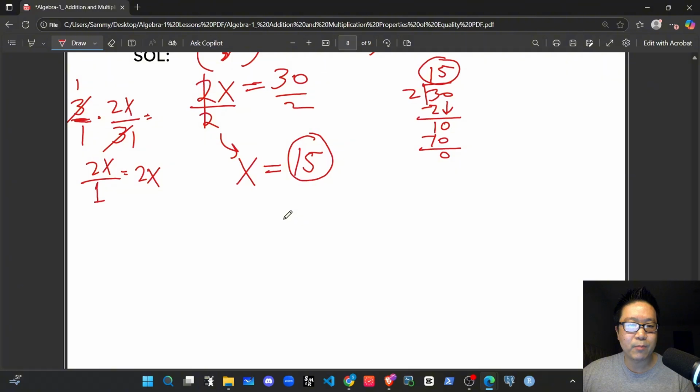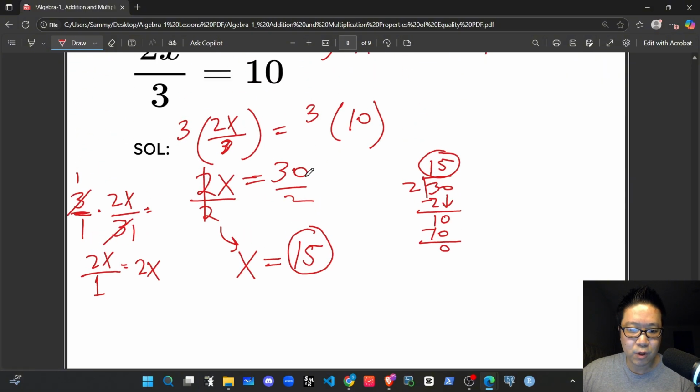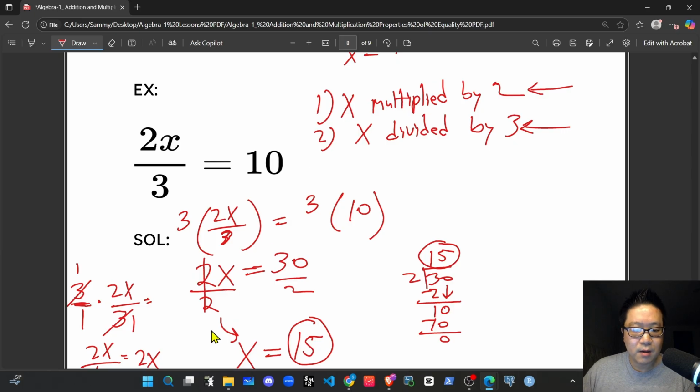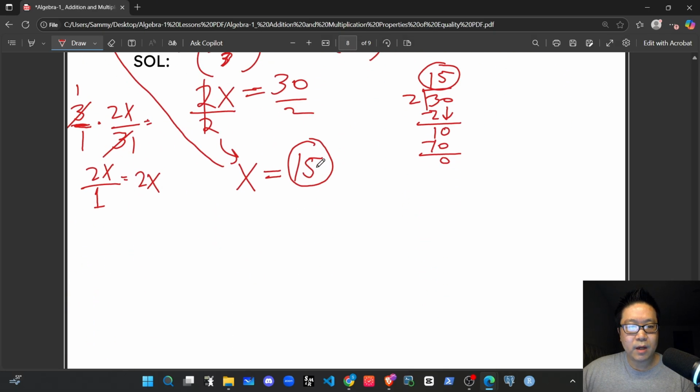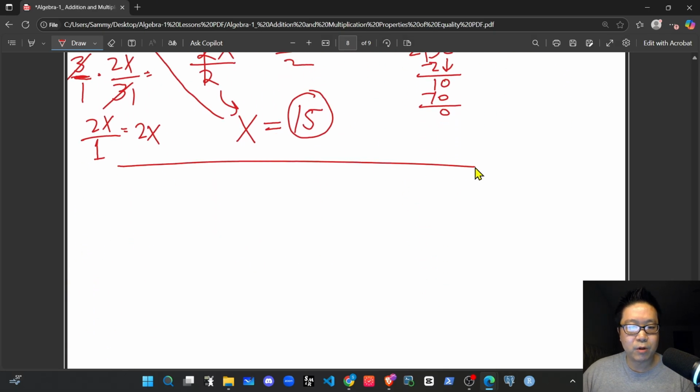And once more, I'm going to challenge you to check the answer to see if we did this correctly by plugging your answer into the original equation. Now, one thing you need to know about this exact problem is that there are different ways of presenting the problem. The original problem is 2x over 3 equals 10.